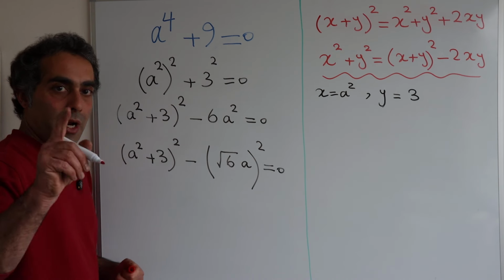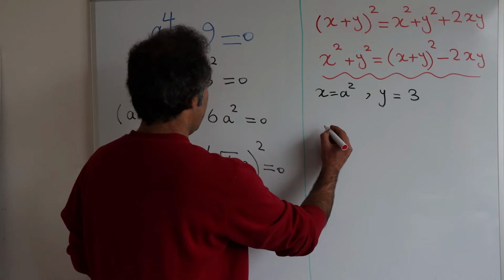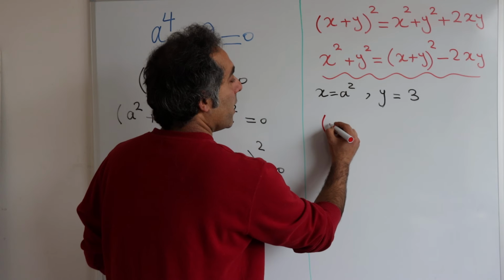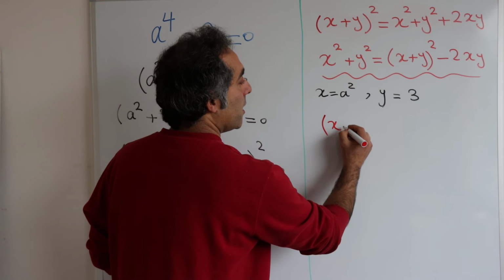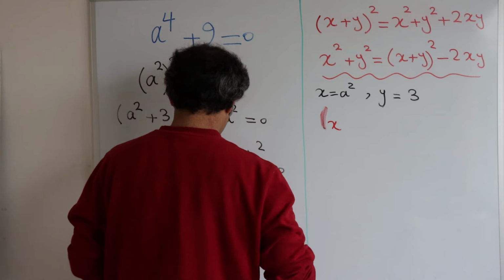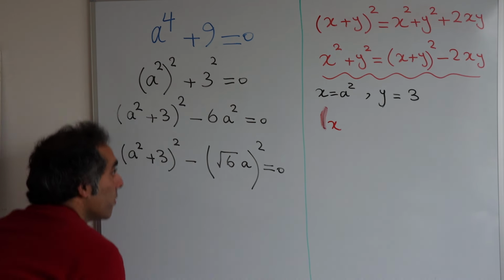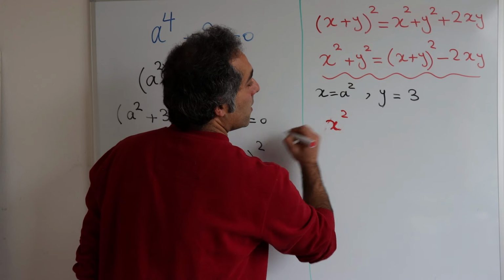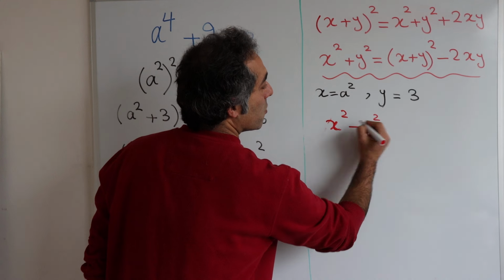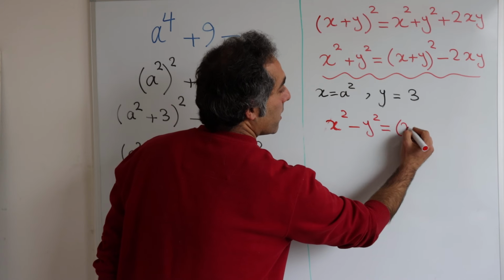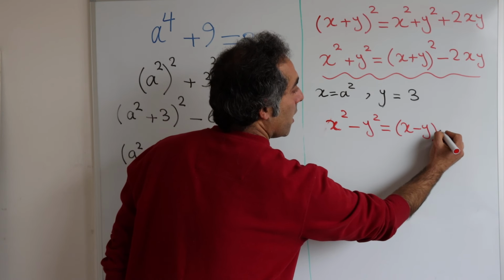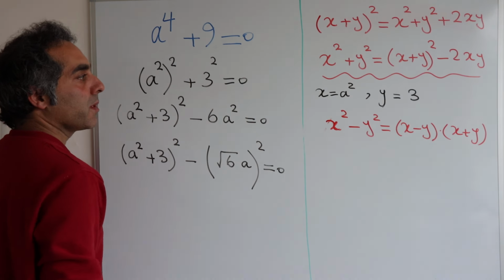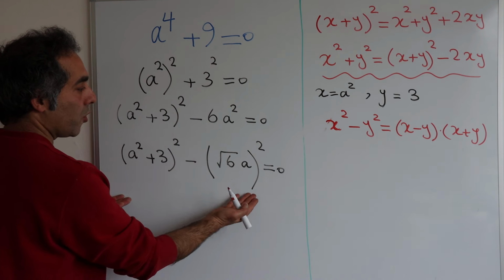Now I write another formula here. If you have x squared minus y squared, you can write it like (x minus y) times (x plus y). It's the same case for our solution here.